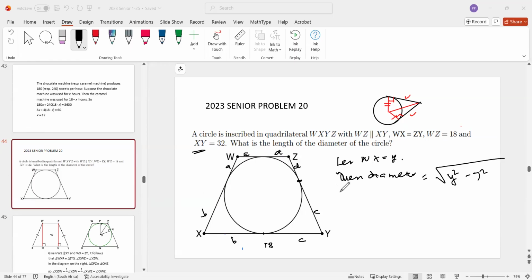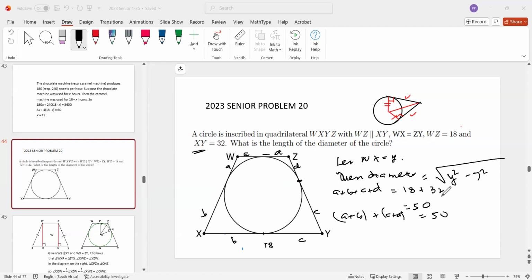So A plus B plus C plus D is 18 plus 32, because you got 18 here, and B plus C is 32. So that is 50. But if you look here, this is A plus B plus C plus D again. So A plus B plus C plus D is 50 if you rewrite it like that.